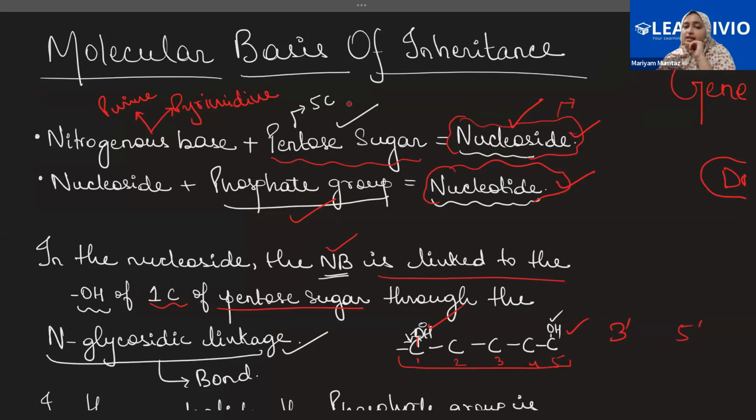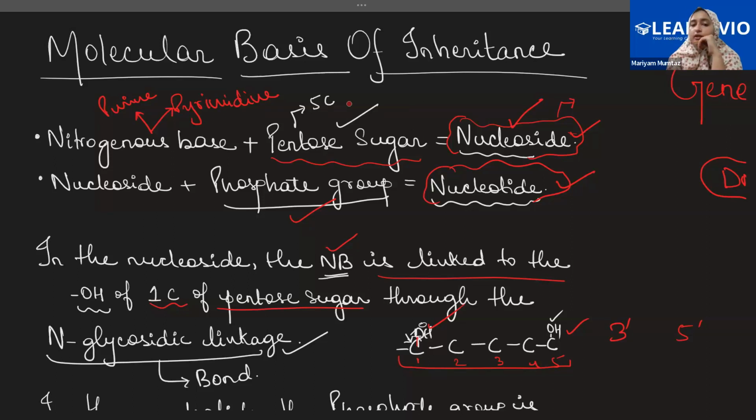When these nitrogenous bases combine with a pentose sugar, a sugar that has 5 carbons, a structure known as a nucleoside is formed. When a phosphate group is added to a nucleoside, it becomes a nucleotide. DNA is the polymer of nucleotides.